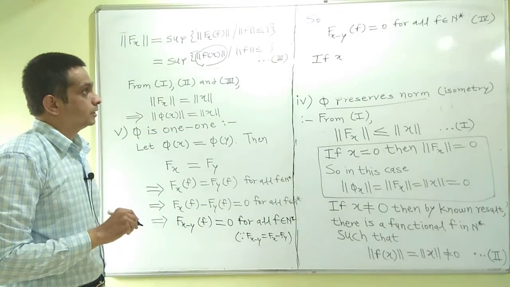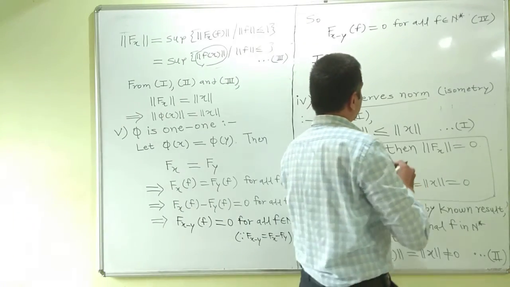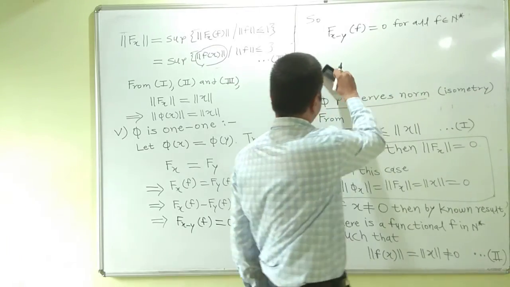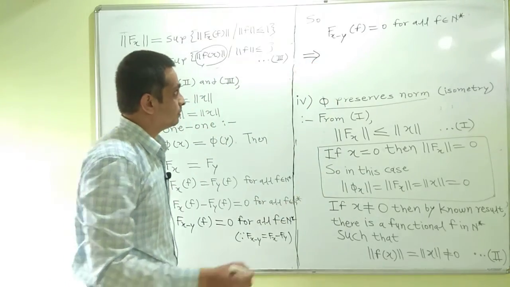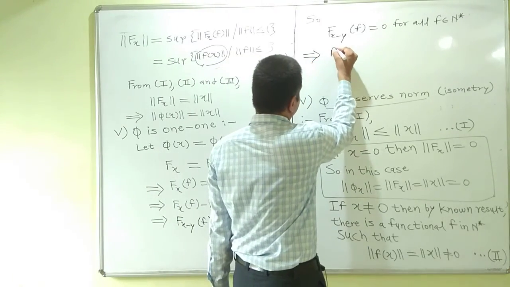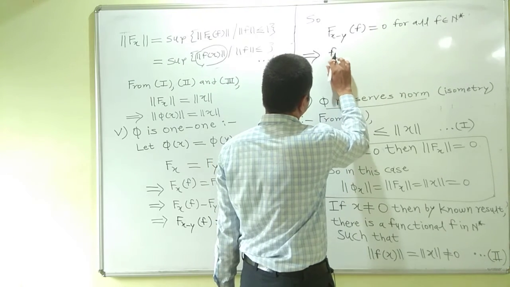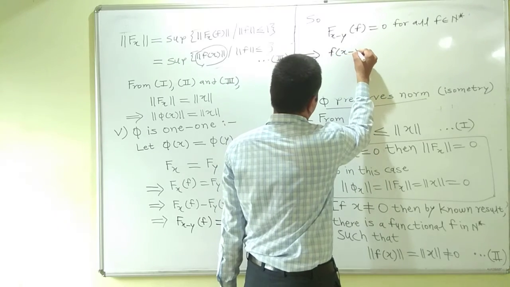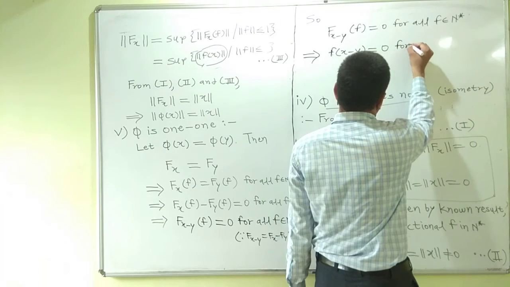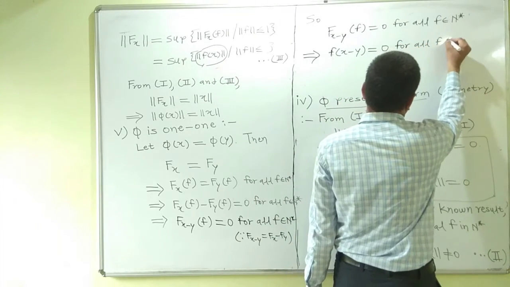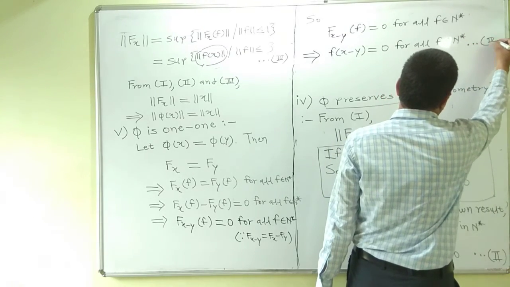Better, let me add one more step and then the resulting statement we will call as fourth statement. So this implies further that f of x minus y is equal to 0 for all f belongs to n star.